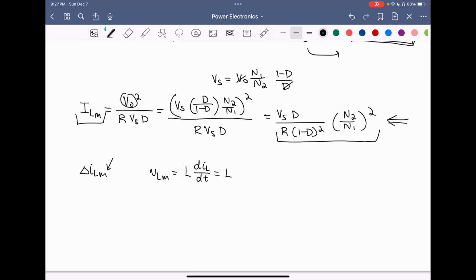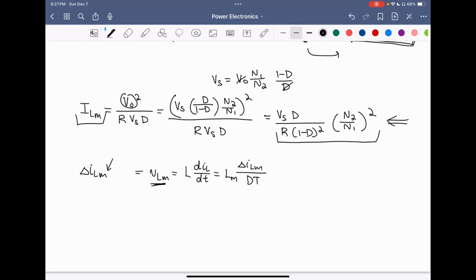In the DT interval, we have L equals the change in ILM over dt, and VLM during the DT interval is just equal to V1, which is equal to Vs. So therefore, the change in magnetizing current is equal to Vs DT over Lm. We can put the T on the bottom, so we get VsD over LmF, the switching frequency.